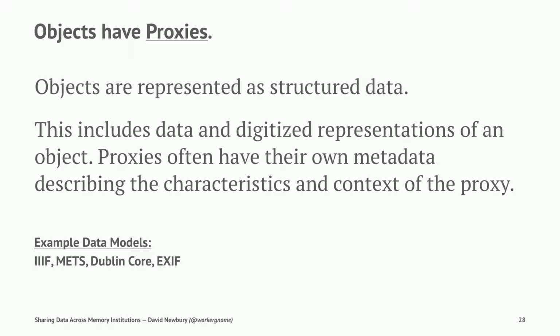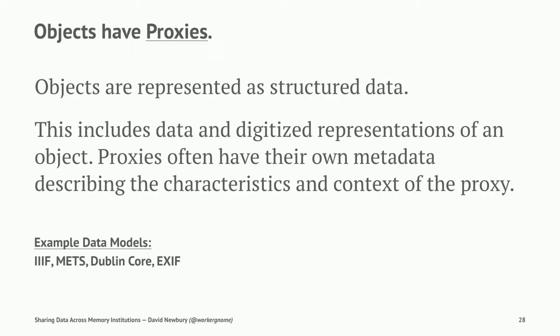Objects also have proxies. Much of the work that people like me do, or people like you do, is to digitize, to document, to represent this information, not just the physical object, but the information object. And so those information objects also have information. If we take a photograph, that photograph has data about it. If we write a record in our collections management system, when we wrote that, who wrote that?